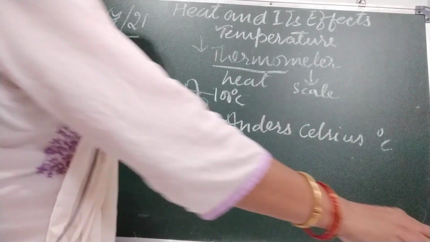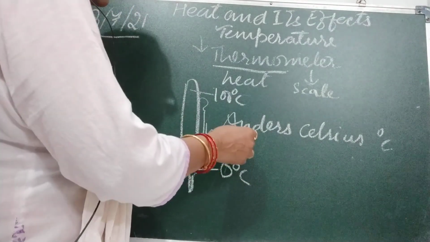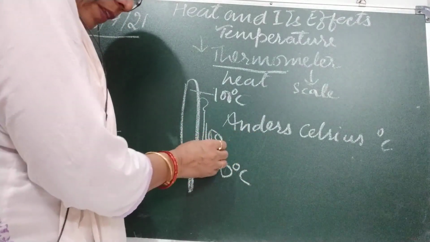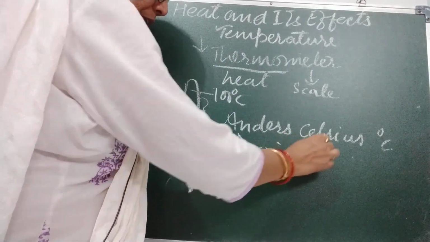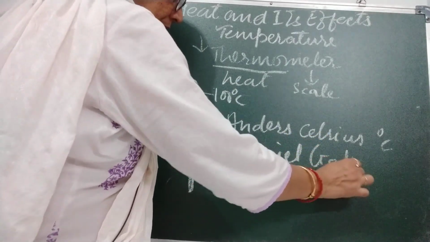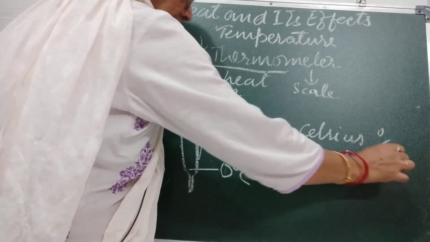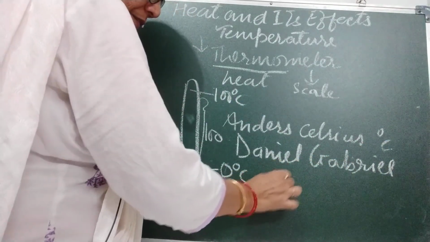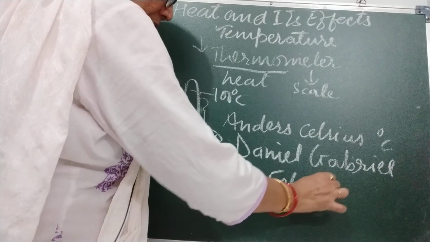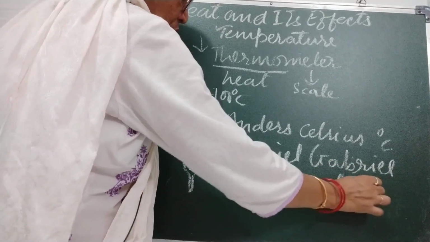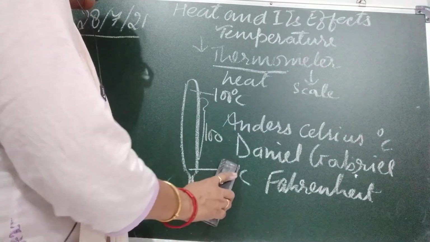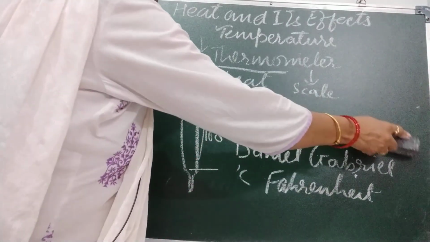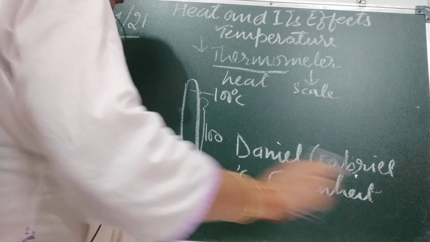The Fahrenheit scale is named after Daniel Gabriel Fahrenheit. But here the lower fixed point is different. It's not 0.